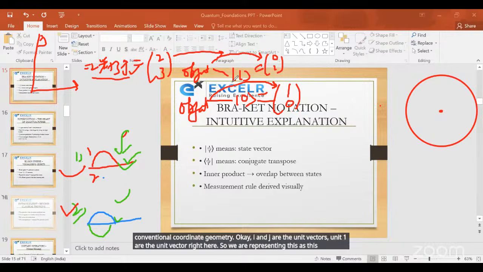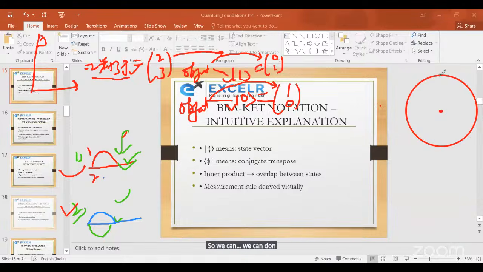If we want to represent 1 and 0, we can denote extreme cases here. This is the north pole, this is the south pole.